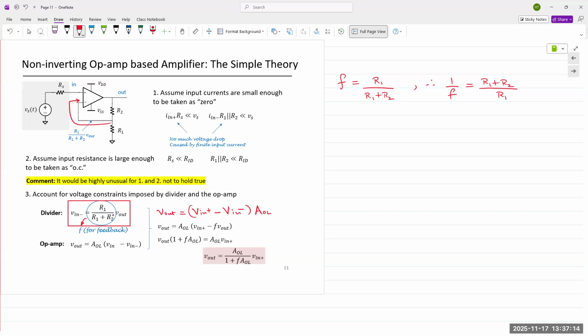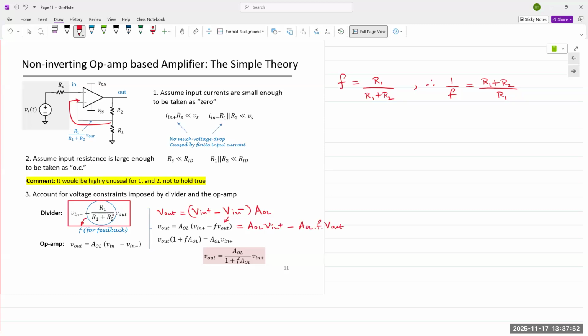V in minus, we plug in from the divider expression that is right here. So we get F times V out. We open this up and we obtain AOL times V in plus minus AOL times F times V out.